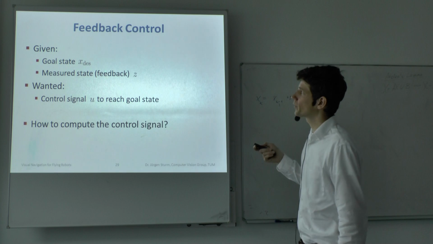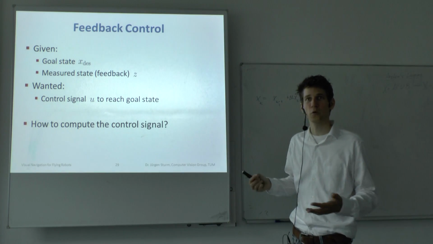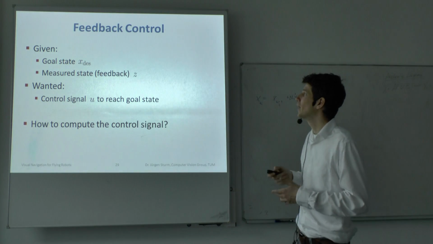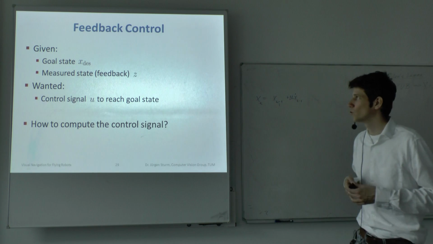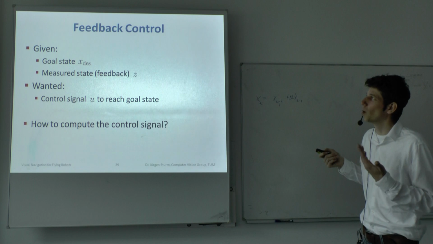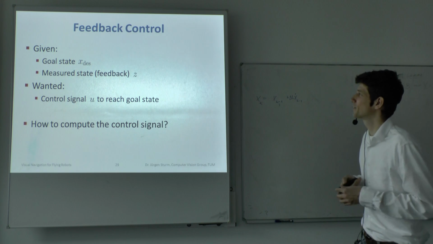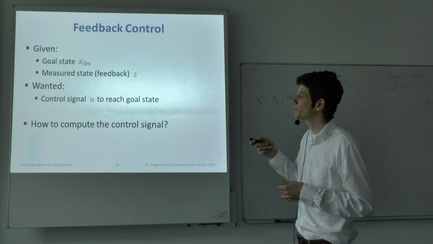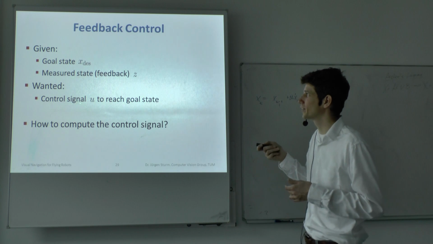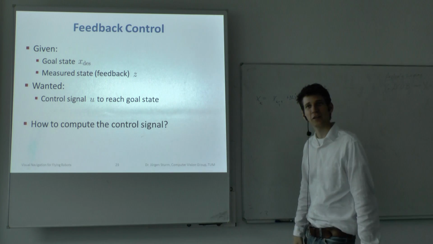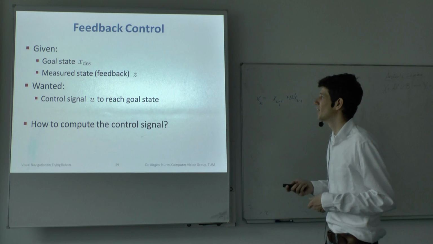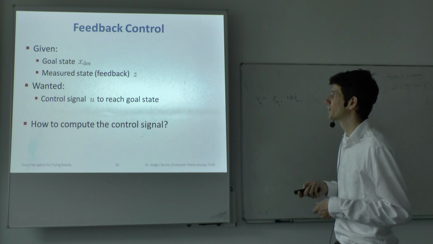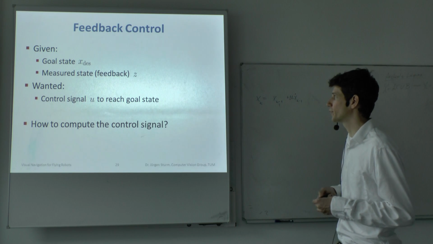We have a certain goal state that we want to achieve, for example, a motor speed or a position, and we have a certain measured state that normally doesn't match the desired state. So we need to compute, based on these two measures, a control signal that we can pass on to the next level, or at the lowest level directly to the motors, that will make the system reach its goal state.